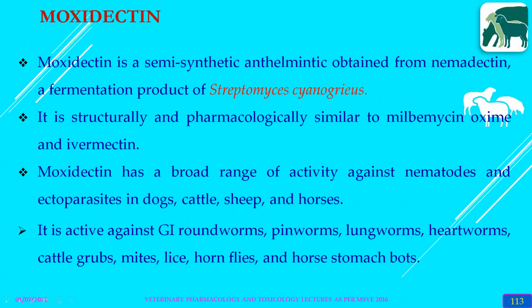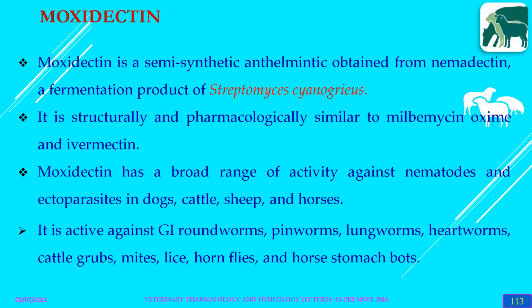Then the moxidectin, it is recently introduced into India. It is a semi-synthetic anthelmintic obtained from nemadectin, a fermentation product of Streptomyces cyanogriseus. It is structurally and pharmacologically similar to milbemycin.